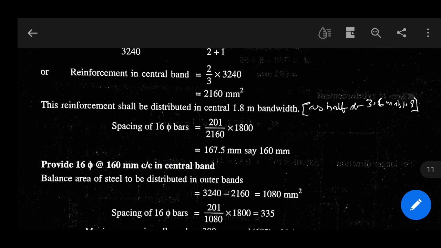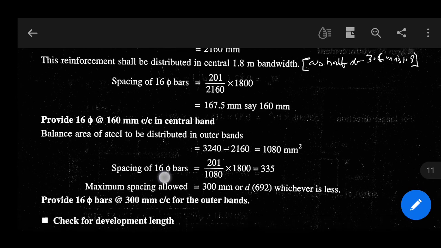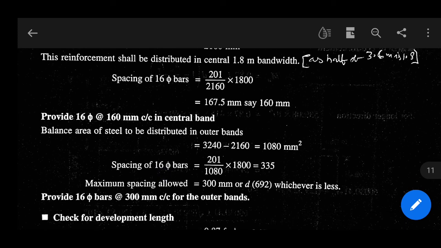So balance area of steel to be distributed in outer bands is 3240 minus 2260, that is equal to 1080 mm square. So spacing of 16 mm dia bar is equal to 201 by 1080 into 1800, which is equal to 335. So maximum spacing allowed is 300 mm or d, 692, whichever is less. So we have to provide 16 mm dia bar at the rate of 300 mm center to center for outer bands.